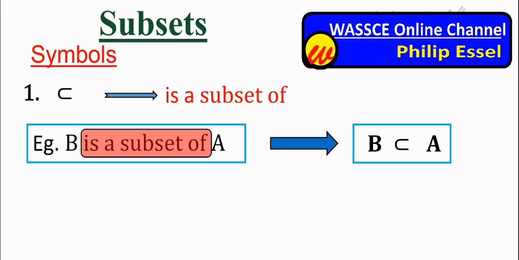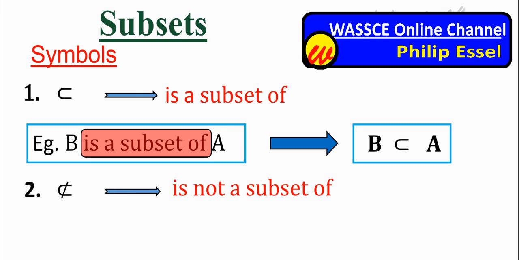Let's look at another symbol. This symbol means it's not a subset of. As you can see, the not a subset of symbol is actually a subset of symbol that has been cancelled. Let's use it in an example.